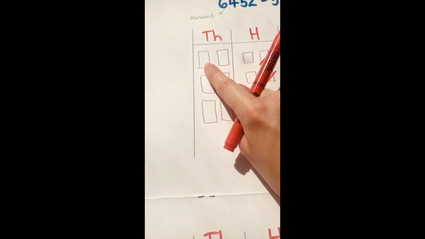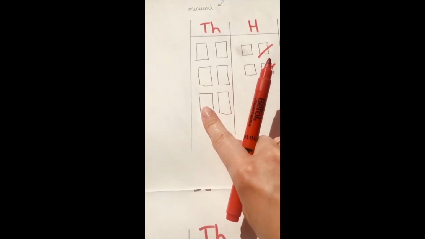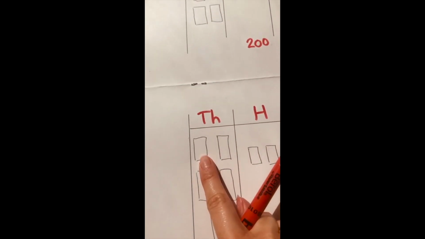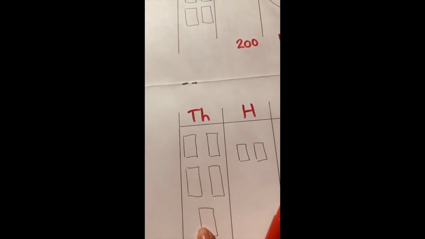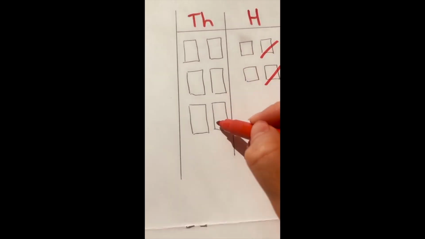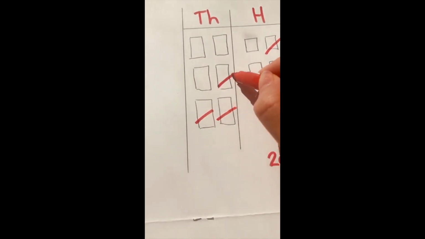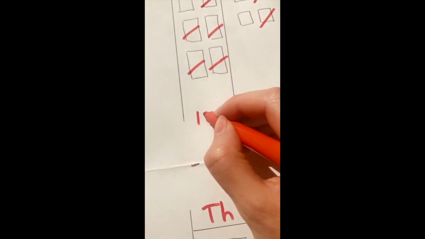I've got 1,000, 2,000, 3,000, 4,000, 5,000, 6,000, minus 1,000, 2,000, 3,000, 4,000, 5,000. So I need to take away 5,000 from here. So 1, 2, 3, 4, 5. So I've got 1,000 left.